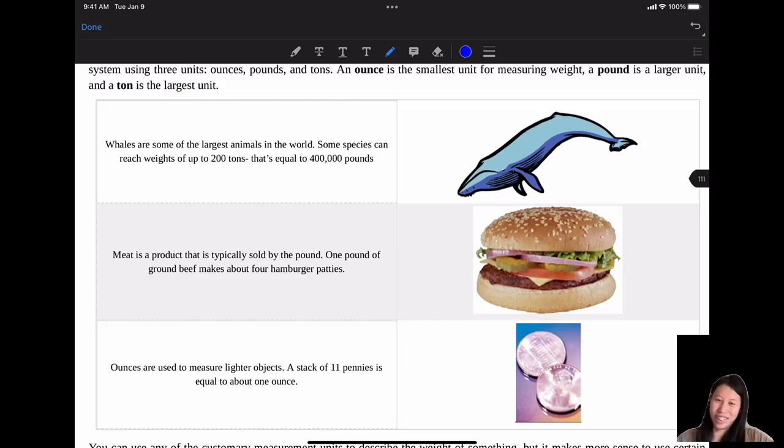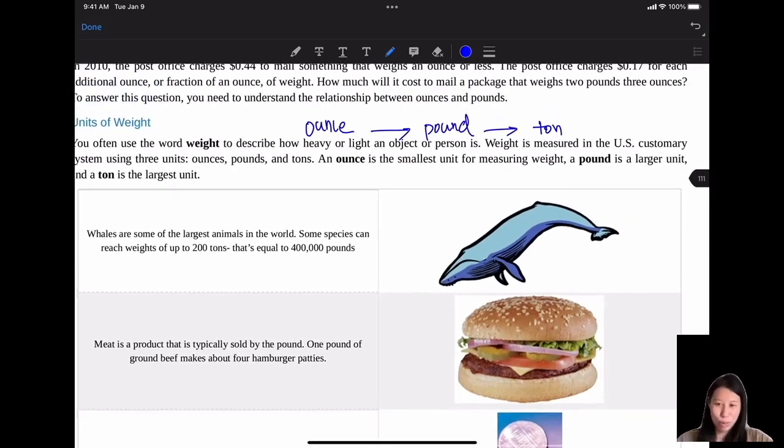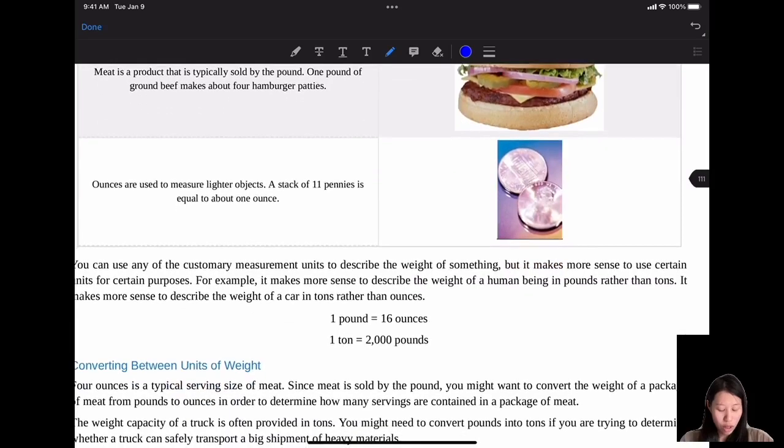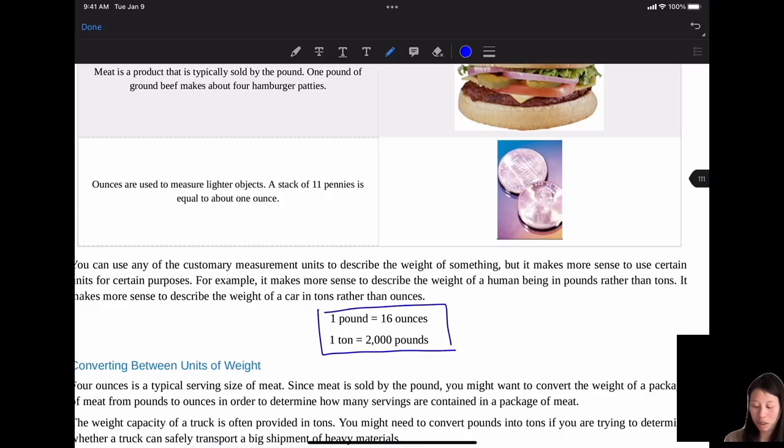Ton is definitely for a larger object. So from the smallest to the largest units. Now here are the conversions: 1 pound equals 16 ounces, and 1 ton equals 2,000 pounds. So again, ounces is the smallest, the medium is the pound, and then ton.